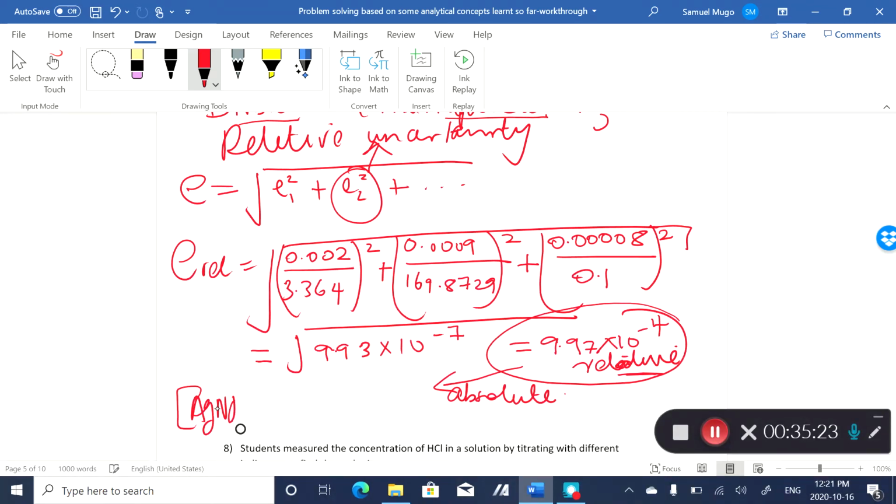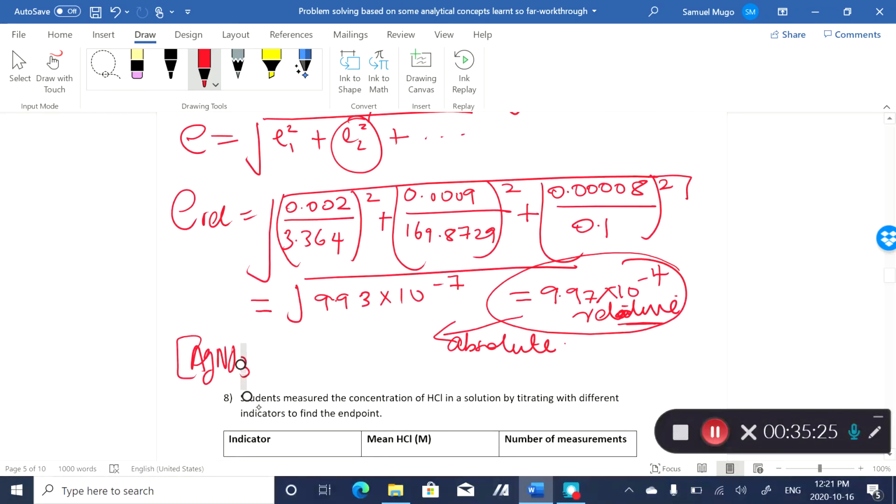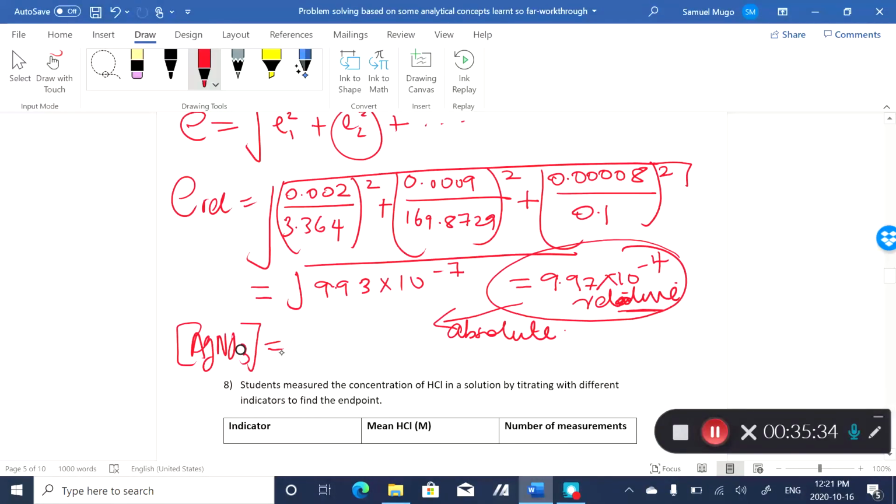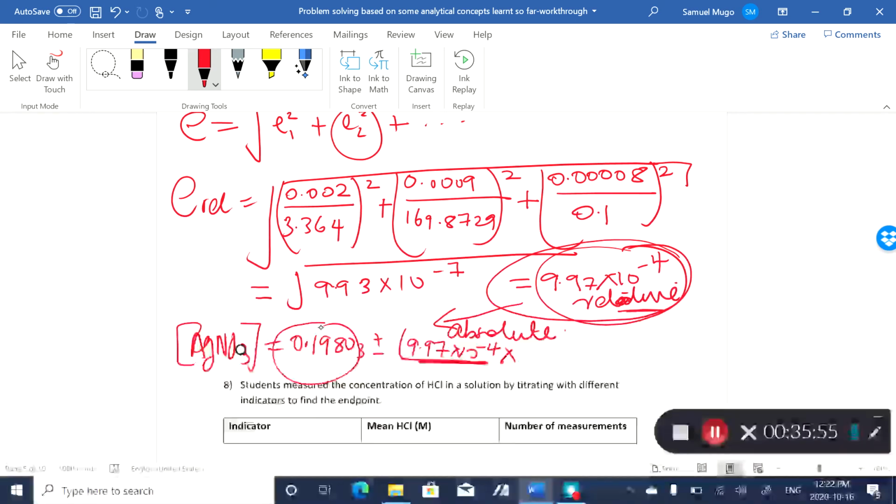So if you did the nitrate concentration, you would find the concentration you get is 0.19803 plus or minus, and then the absolute uncertainty. And the absolute uncertainty is equal to the relative, 9.97 times 10 to the power minus 4 multiplied by that number, the measurement, which is 0.19803.